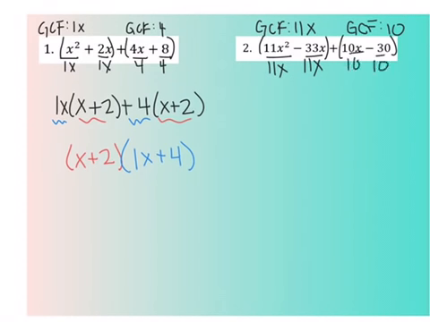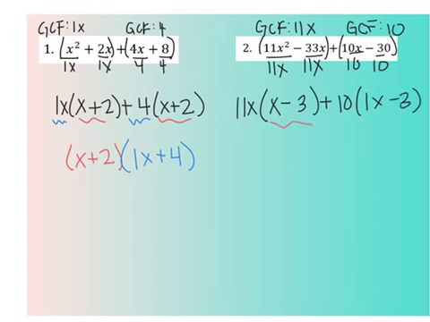So now, GCF of the first and then multiplied by what's left. 11x squared divided by 11x gives me x, minus 33x divided by 11x gives me 3. I have that plus sign in the middle, so I'm going to keep that. 10 is the GCF that I took out, so what would be left would be 1x minus 3.